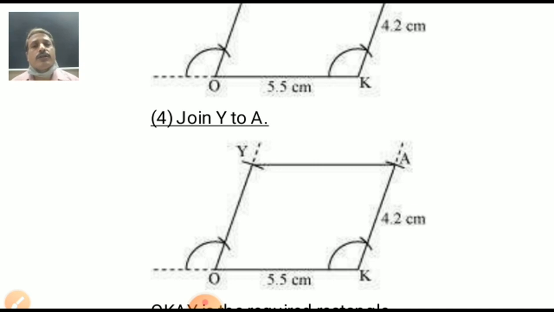Yes, correct. In a rectangle, opposite sides are equal. In a parallelogram also, opposite sides are equal, but in a rectangle all angles are 90 degree. In a parallelogram, not that. That's why all rectangles are parallelograms, but all parallelograms are not rectangles. So these types of questions make you confused, but if you have a clear idea, a clear concept, you will never lose a single mark.